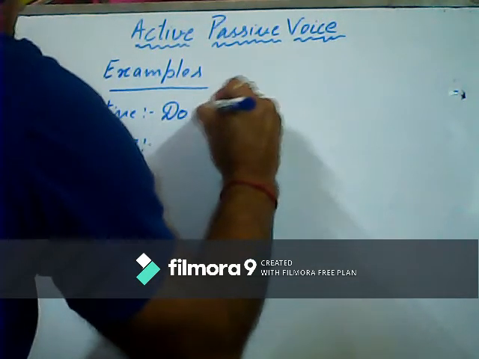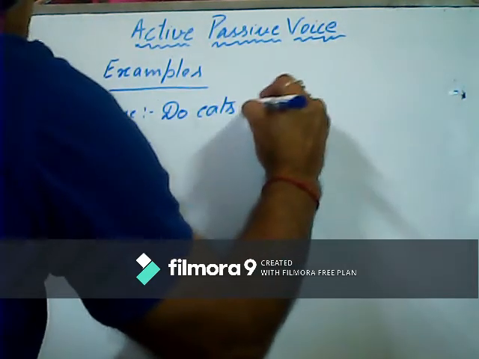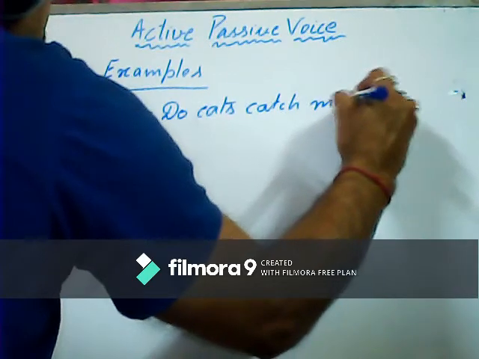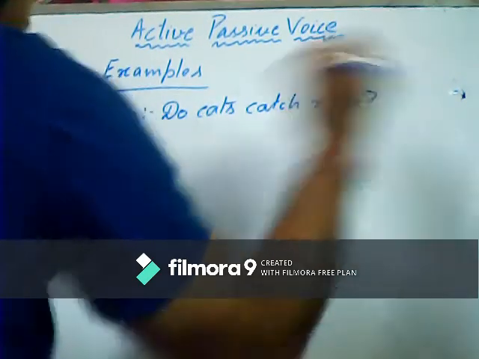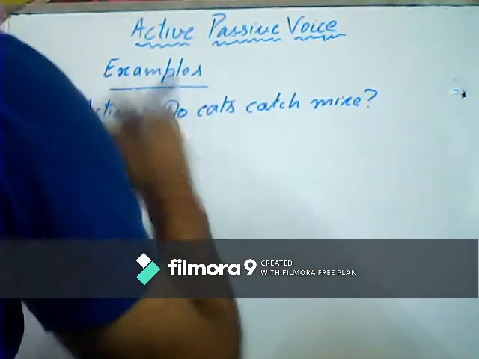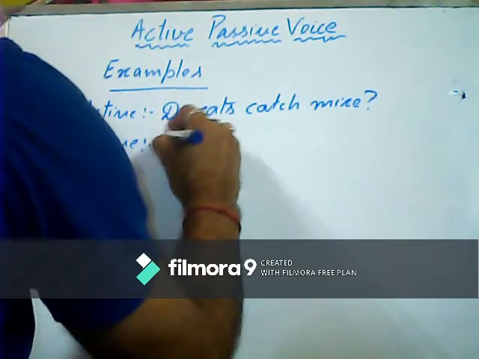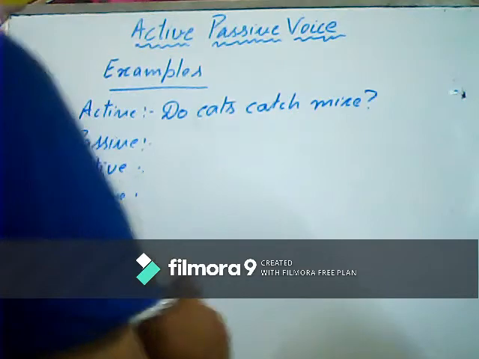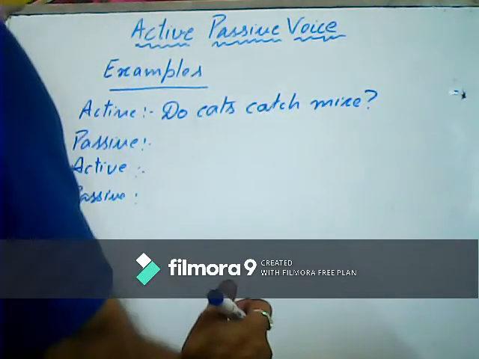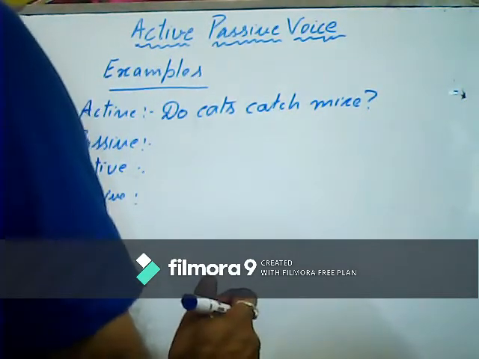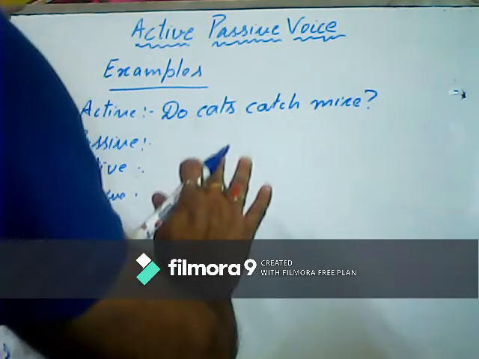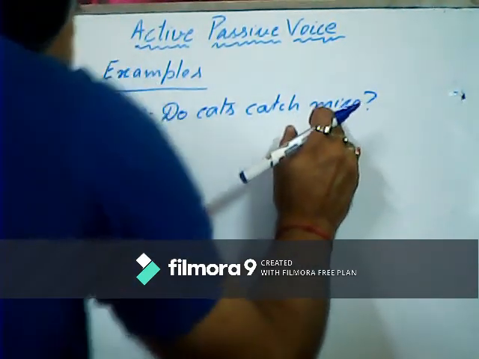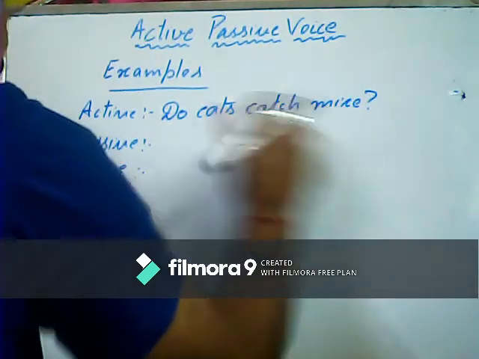Now mice will become subject, but because it is interrogative, we will keep it in interrogative form. We will not change it. So for mice, because it is plural form, we'll use are.